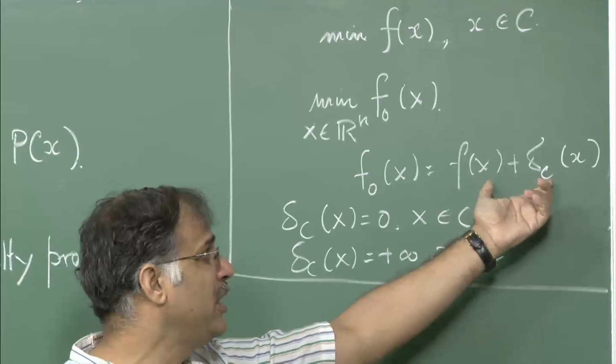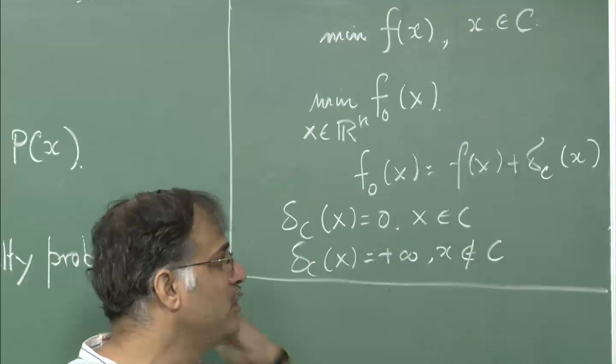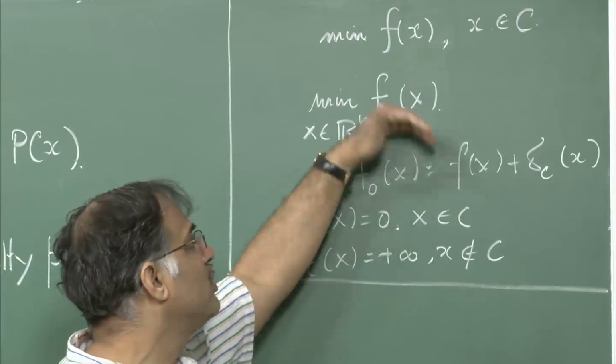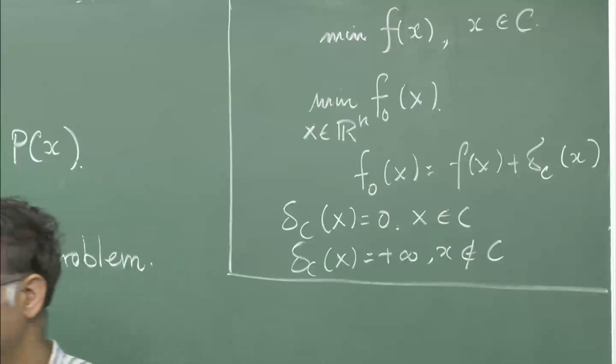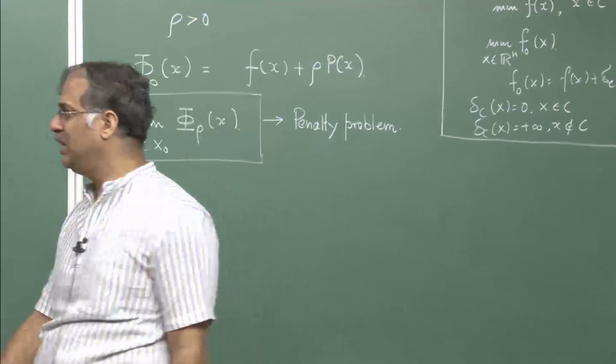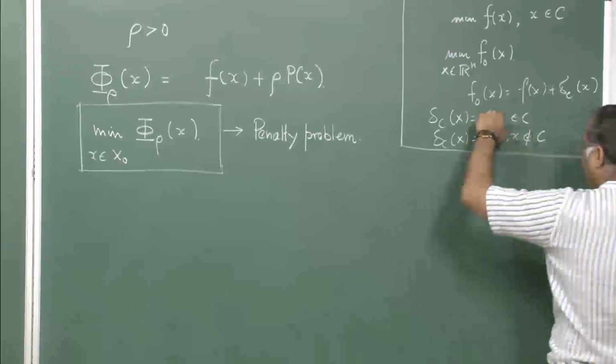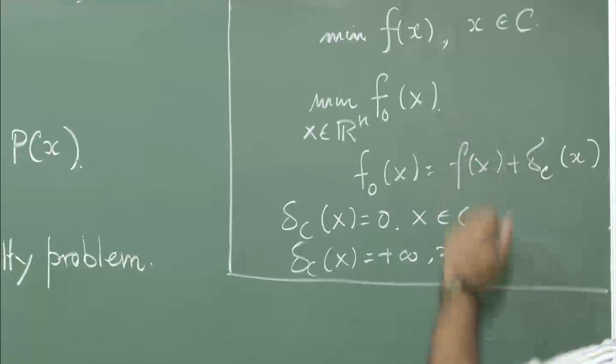So, if I attach infinite penalty in minimization, infinite values are not required. So, basically you are solving this problem, minimizing over C, because only when x is an element of C, this function value is finite. If x is not in C, this function value is not finite.